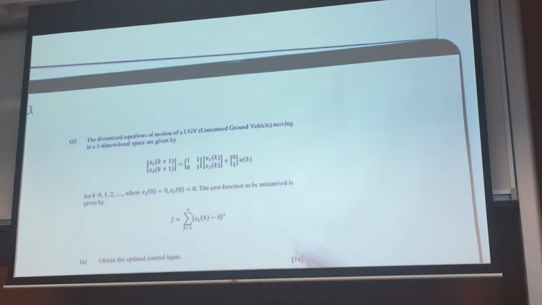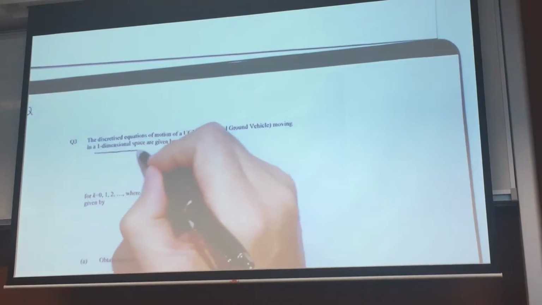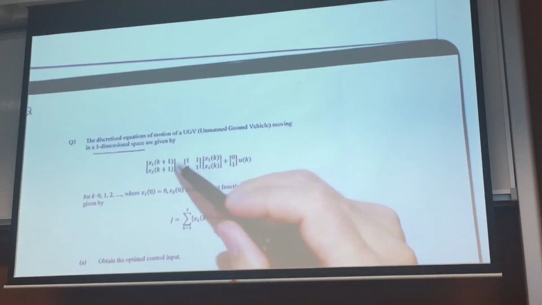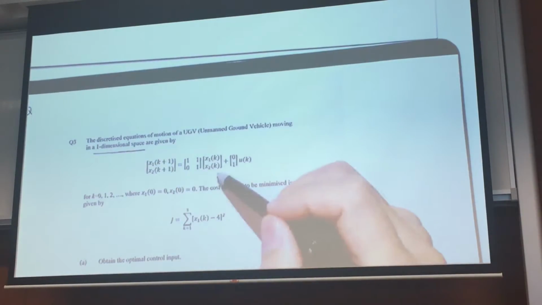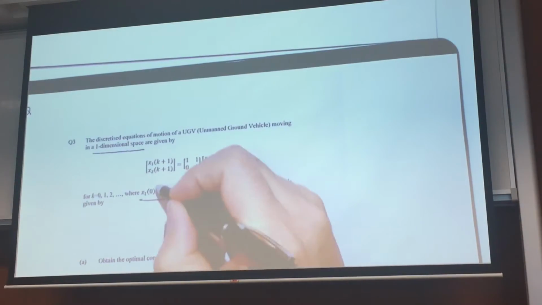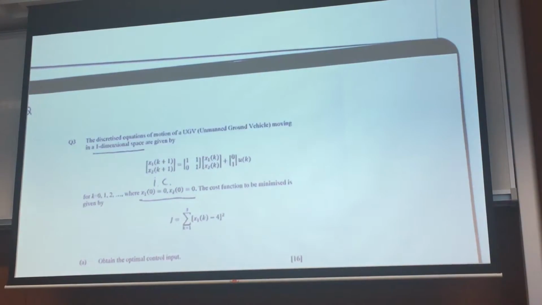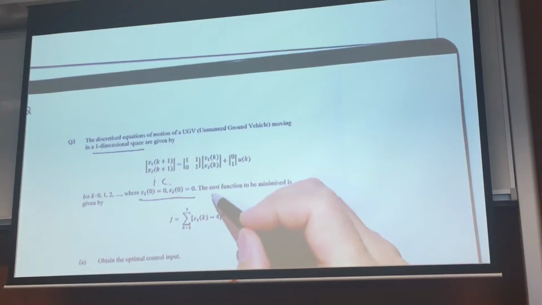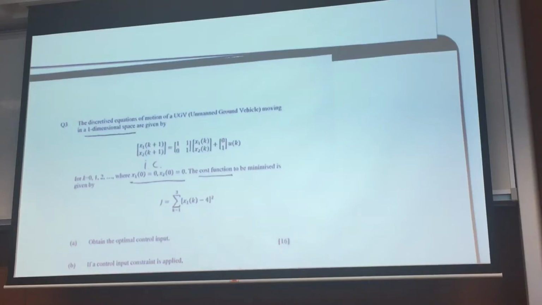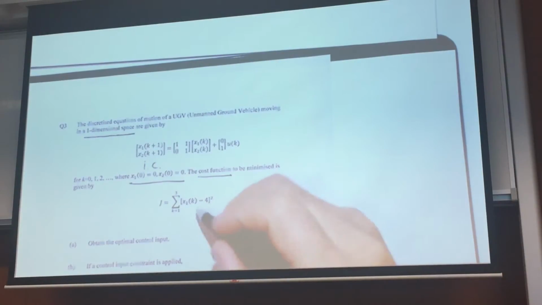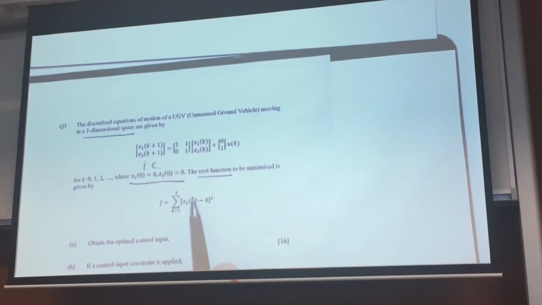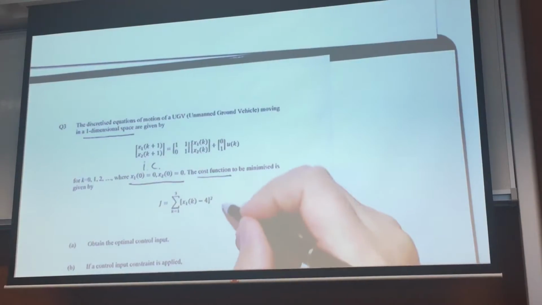Now in this question, it's a 1D path planning problem, and the difference equation is given. The initial condition is also given, and the cost function is defined like here. In this cost function, k goes from 1 up to 3.